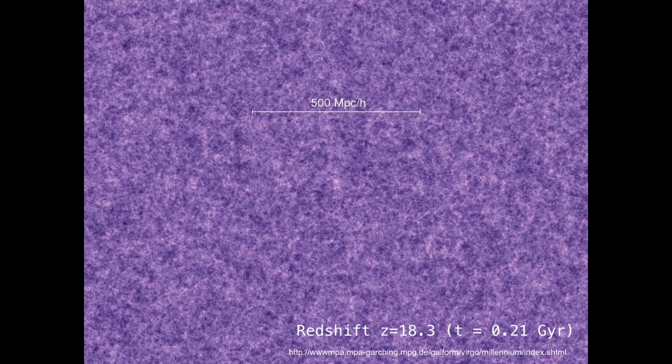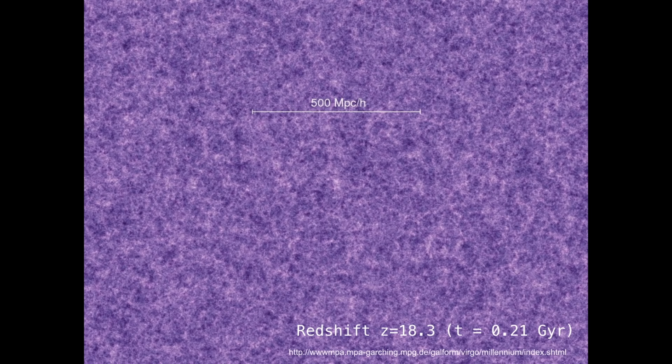They use 500 megaparsecs as the size of that little line, but they divide it by h, which is some fraction of 100 compared to the Hubble constant. So 500 megaparsecs divided by h means the size of this thing is about 700 megaparsecs. So that's what that line indicates.